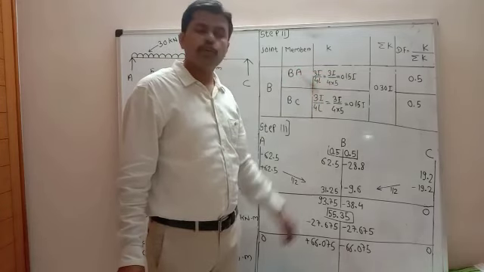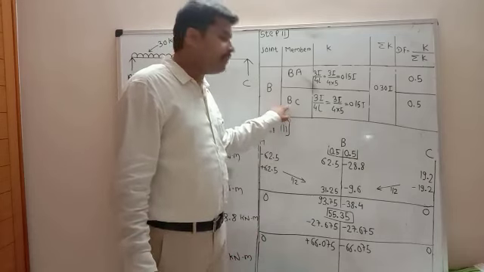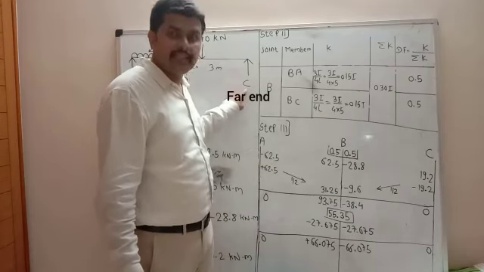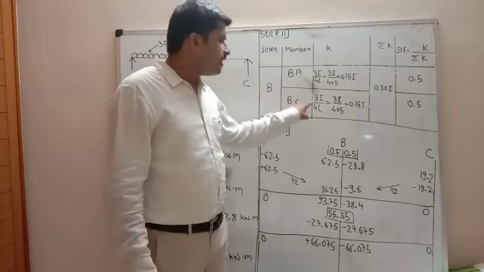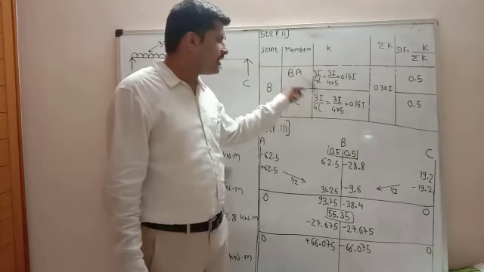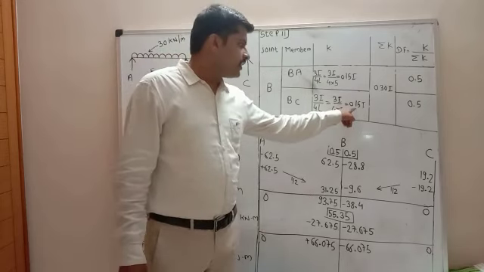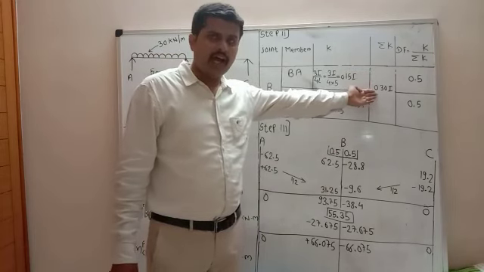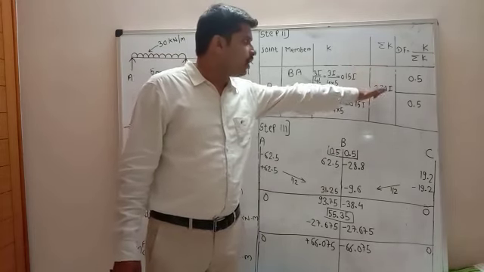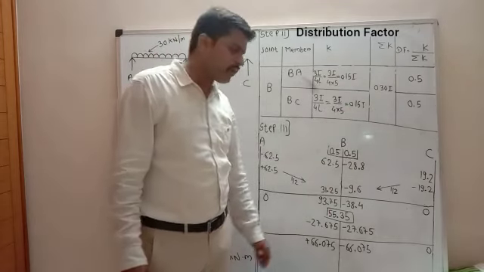We will get 0.15I. Similarly for span BC, far end C is simple support. Hence, the formula will remain the same, that is 3I upon 4L. We will get 0.15I. Addition will be 0.30I, and distribution factor will be 0.5.